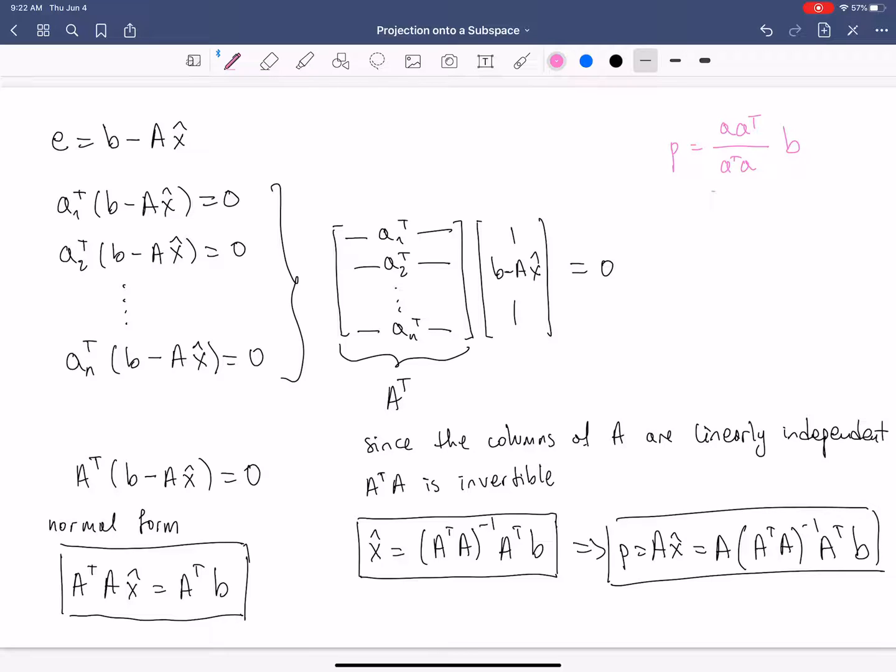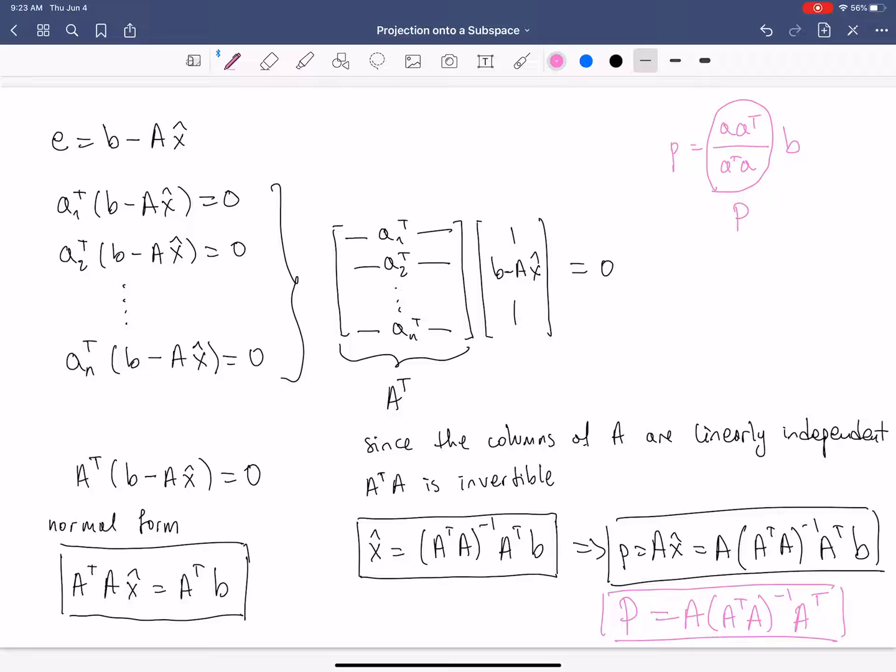So we said this was the projection matrix in the one-dimensional setting. Nothing has changed here. The projection matrix is A times (A transpose A) inverse times A transpose. So when we apply this matrix onto another vector in R^m, we are going to get the projection of that vector onto the column space of A. All right, this is the entire theory.